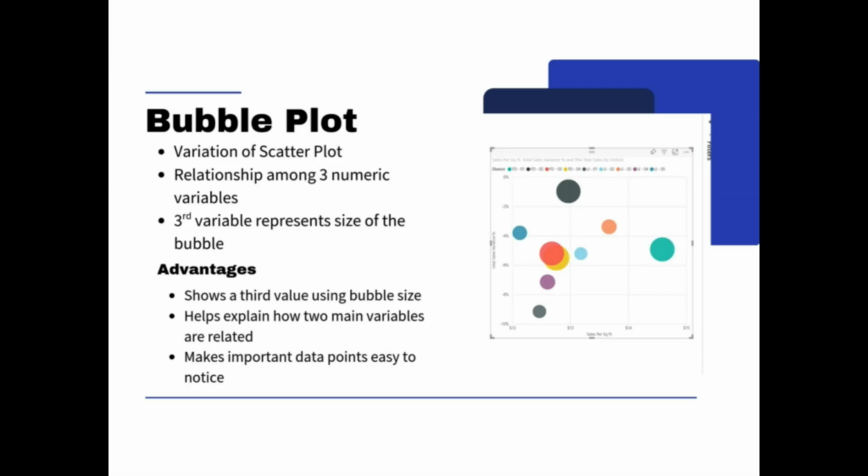What are the advantages we have? First, we can show the third value using the bubble size. Then it also helps to explain the two main variables' relationship and makes the important data points easy to notice.